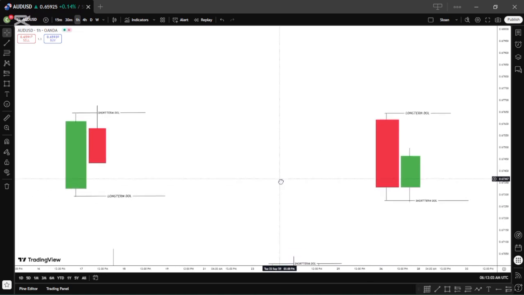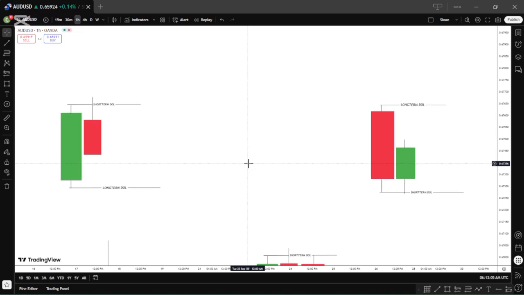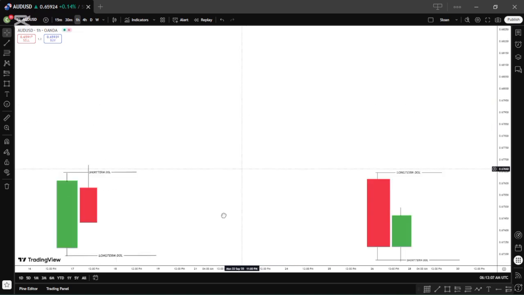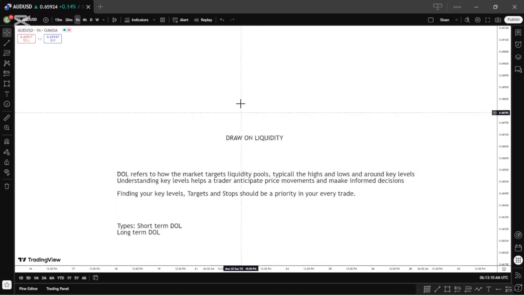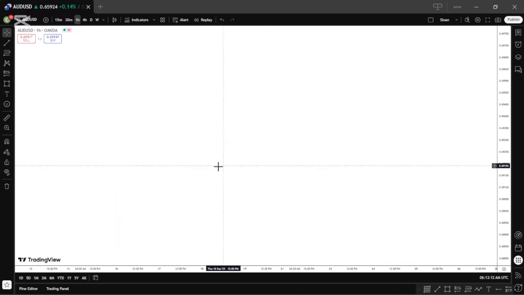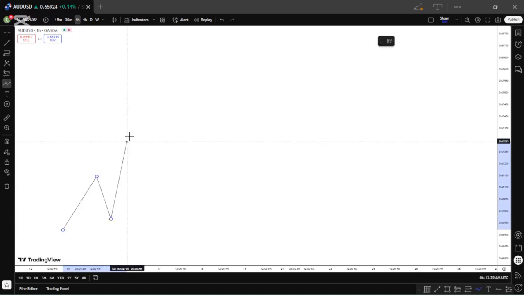Okay, so one important thing in identifying draw on liquidity is knowing your order flow. Order flow, I have said it before and it cannot be overemphasized. You need to know where the market is going at any given time in order to find a very good setup. Okay, so what are the order flows we have? We have the uptrend. You can also call it market structure.